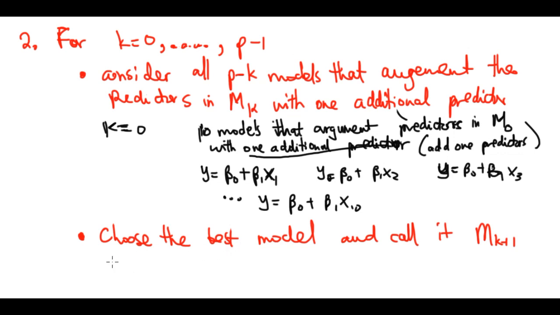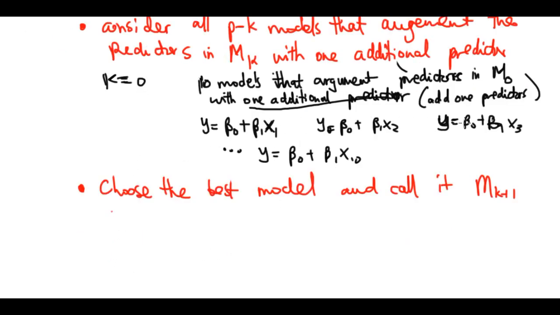We know how we're choosing the best model. These models have the same number of variables, so we're going to use RSS or R squared. We choose the best model here. Which one is going to be the best model? This is the best model, where we added x3. Cool. And we're going to call it M_{k+1}.